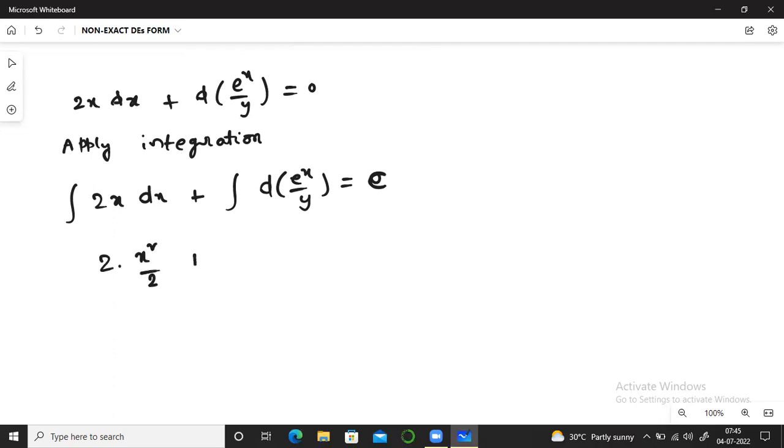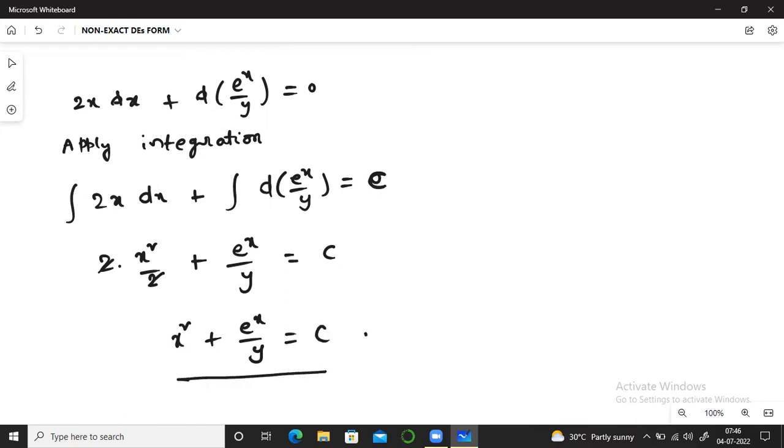X square over 2. Differentiation and integration will cancel each other. What term will remain? E to the power x over y is equal to some constant. So 2 will cancel. So what you will get finally? X square plus e to the power x over y is equal to constant.